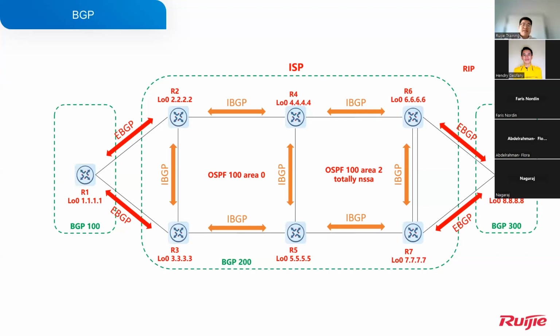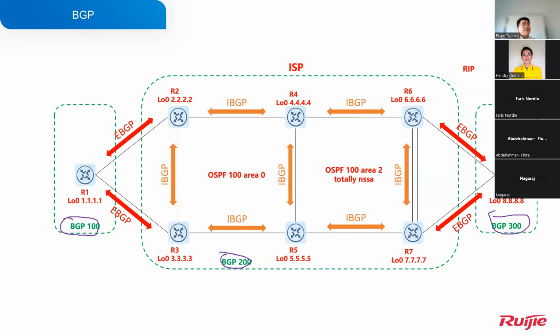Let's see what we do here. Firstly, in this figure, you can see I have pointed out the BGP peers. Let me change another color. This is BGP 100, BGP 200, BGP 300.